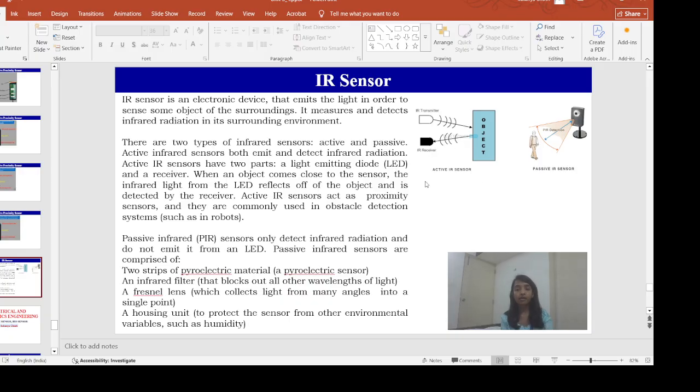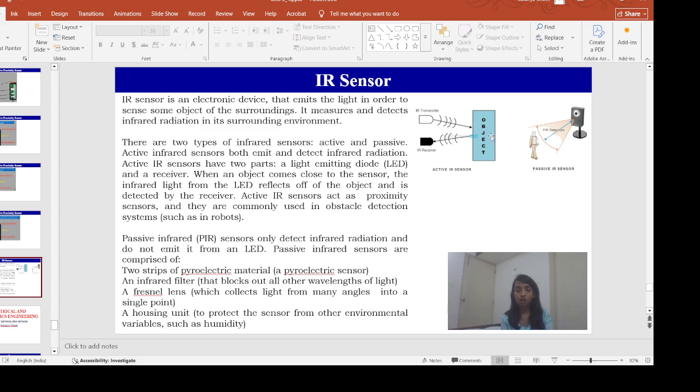So in an active IR sensor, we have what? This is the transmitter. On the transmitter side, we have a light emitting diode or LED, and here we have the receiver. When an object comes closer to the sensor system, the LED emits light, obviously infrared light.